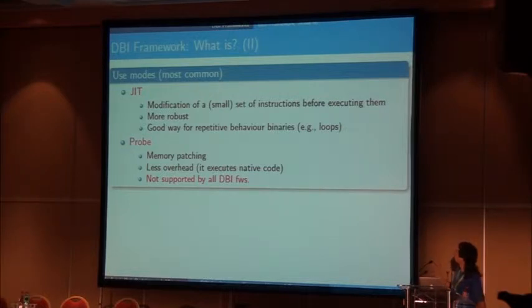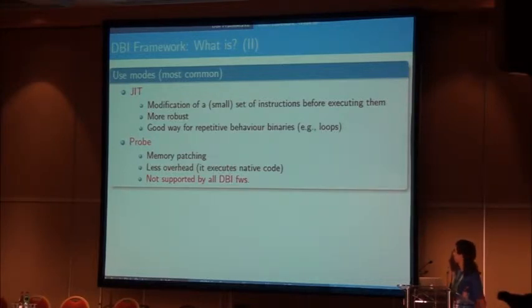Because this small set of instructions is stored in an instruction cache, so each time it is needed, you have already modified it, you don't need to modify the instruction again. Okay. The other mode is the probe. In this case, you are doing memory patching. This has less overhead. It executes native code, but however, this is not supported by all the DBI frameworks that are available currently.